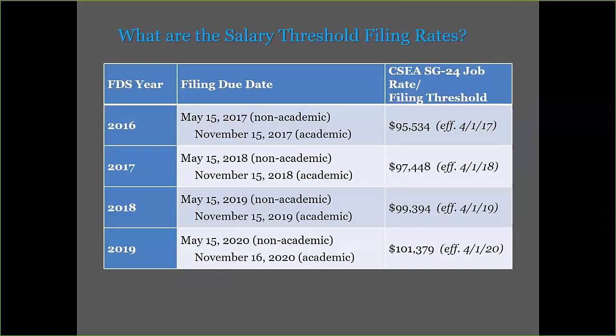Now, I said that the salary threshold is pegged to CSCA salary grade 24. Here's the current chart. You can see that as of April 1st of this year, the threshold is going to rise to 99,394. It's currently set at 97,448.